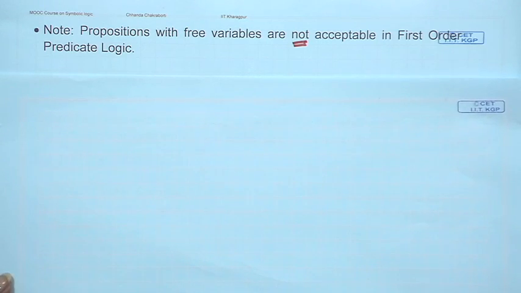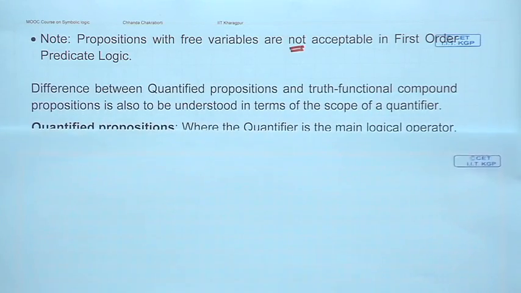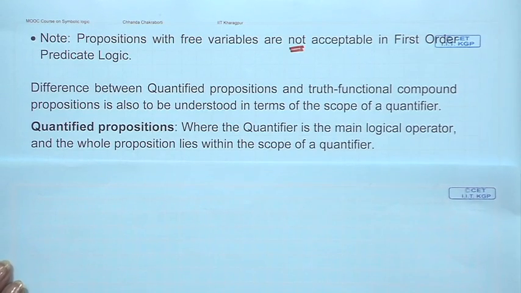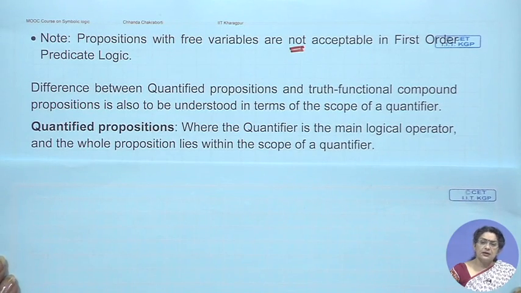Now, I will explain the difference between the truth functional compound and the quantified statements also in terms of the scope of the quantifier. So, here it comes. See, when we say quantified propositions, we mean those propositions where quantifier is the main logical operator. Now, how do we know quantifier is the main logical operator?